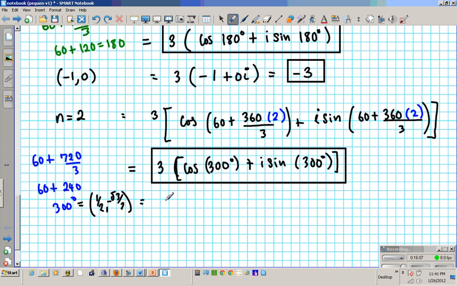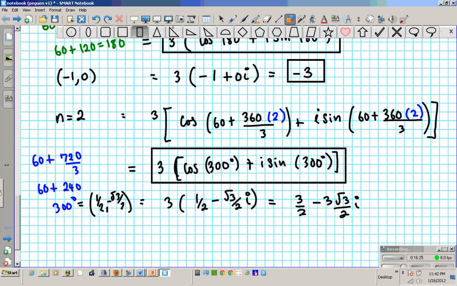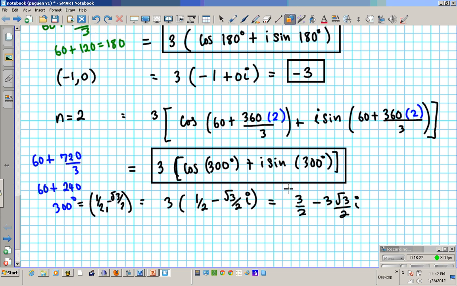So it's going to be 3 times 1/2 minus root 3 over 2 i. If you distribute the 3, you have 3 over 2 minus 3 root 3 over 2 i. So there goes your answer in rectangular form. So technically you have 3 answers in this problem, in rectangular form. Alright, so that's that for this example.